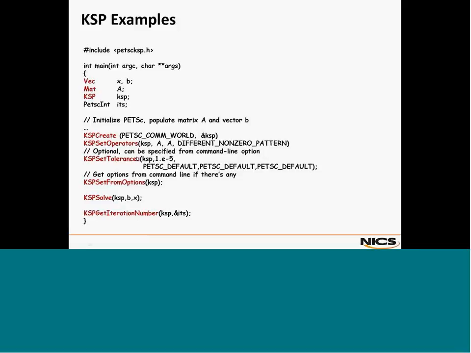So really, most of the time you just set the operator once and you change the value of B and call KSPSolve multiple times with different B vectors. In the case where B changes over time, you just call KSPSolve each time, and you don't call set operators every time because that is the expensive part of the setup.